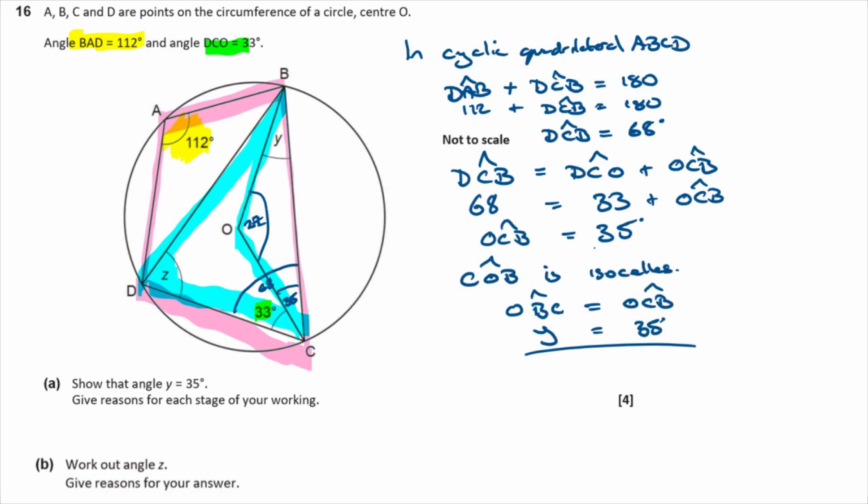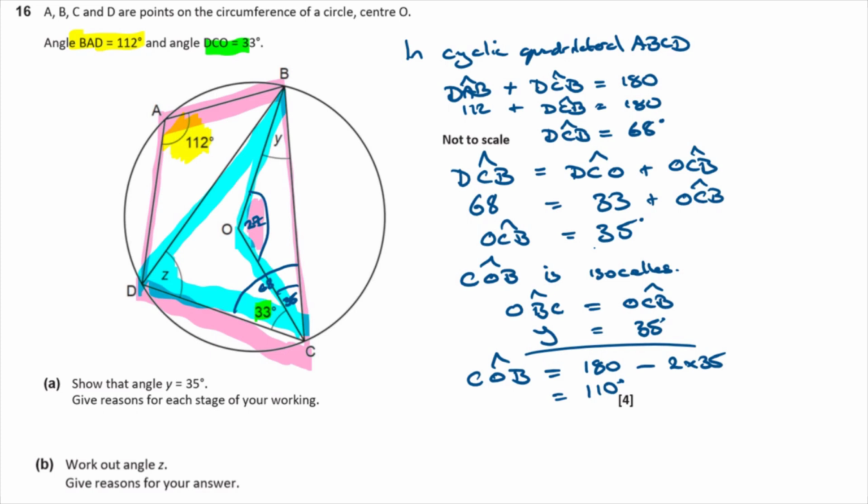I'm going to work out this one first, and then I'm going to use it to find Z. So angle COB is going to be 180 minus 2 lots of 35, because my two base angles are 35. So COB is going to be 180 minus 70. It's going to be 110 degrees.